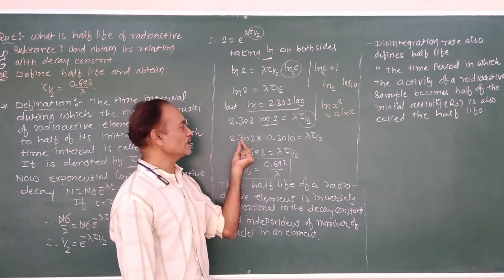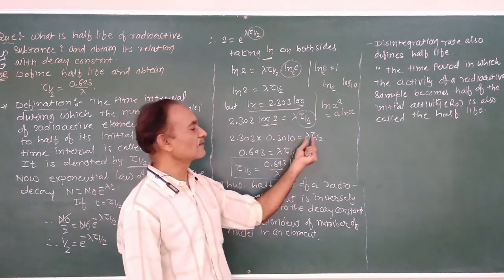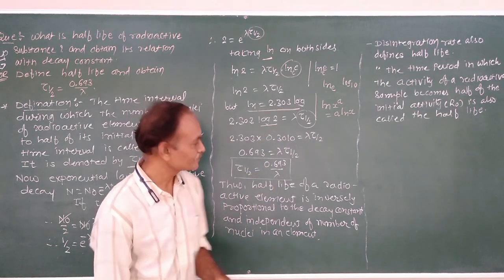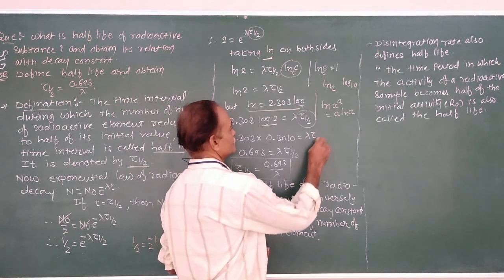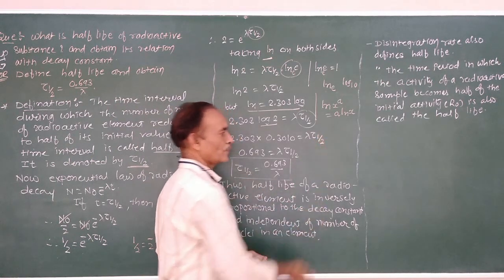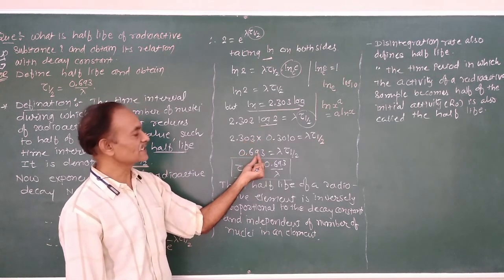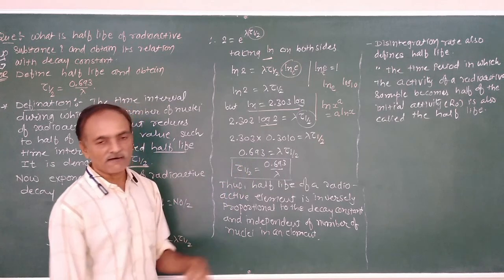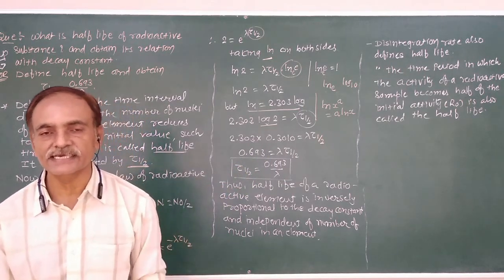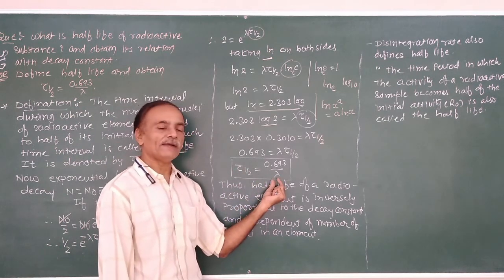Therefore, 2.303 into 0.3010 is equal to lambda tau half. Therefore, the multiplication of these two terms is 0.693, which is equal to lambda tau half, and therefore tau half is equal to 0.693 upon lambda. That is the relation between the half-life and decay constant.